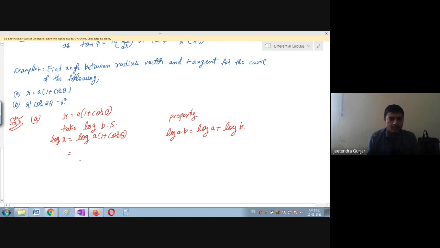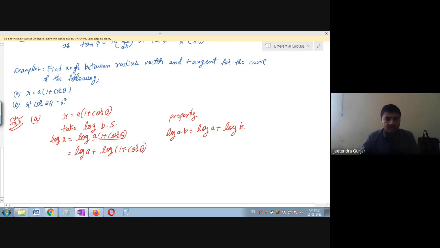Okay, so we can use this formula and separate this. I will write it like this: log a plus log of 1 plus cos theta.